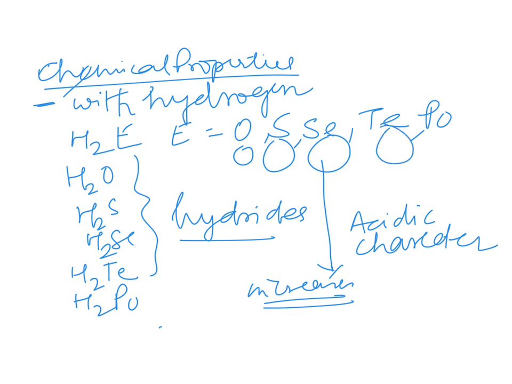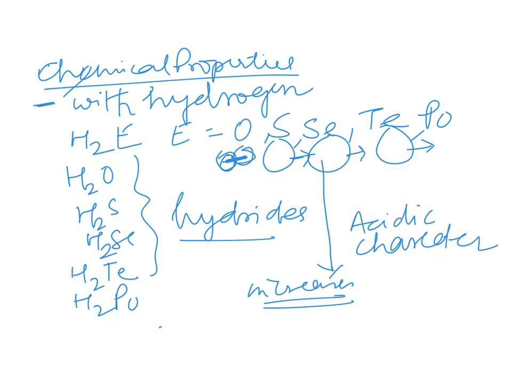So the bond between oxygen and hydrogen has a very small bond length. Hydrogen and oxygen atoms are of almost similar size, so the bond length will be less. Then slowly the bond length will go on increasing.